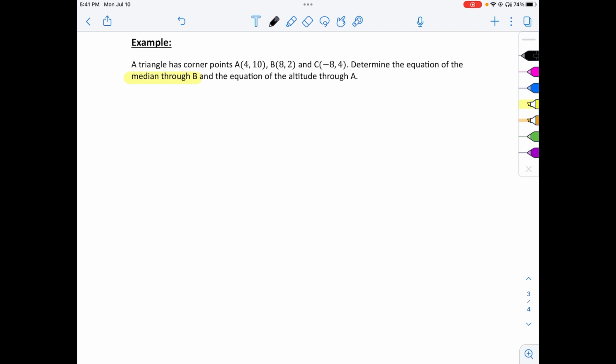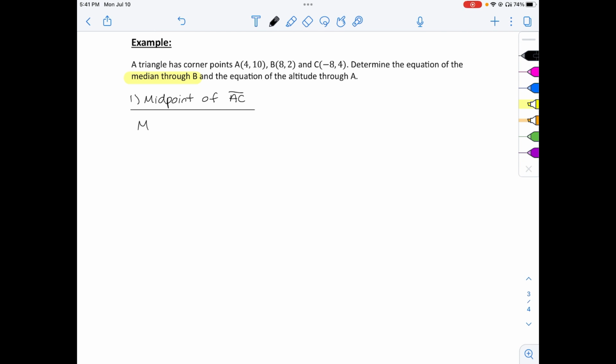If my triangle is ABC, then I'm going to find the midpoint of the line AC, because that's the line segment that's opposite of the vertex that I am working with.